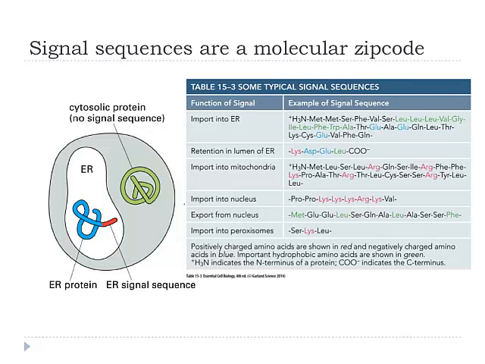So signal sequences, I don't expect you to memorize these different signal sequences, but they are composed of amino acids, because they're part of the protein, so they're part of the coded information in the messenger RNA.